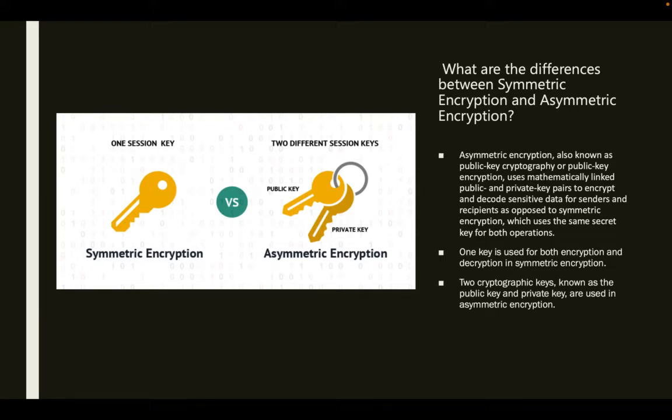Asymmetric encryption, also known as public key cryptography or public key encryption, uses mathematically linked public and private key pairs to encrypt and decode sensitive data for senders and recipients, as opposed to symmetric encryption, which uses the same key for both operations.